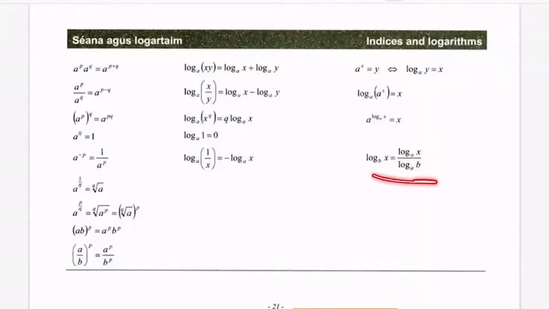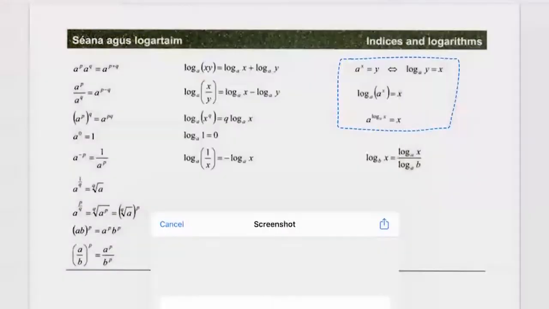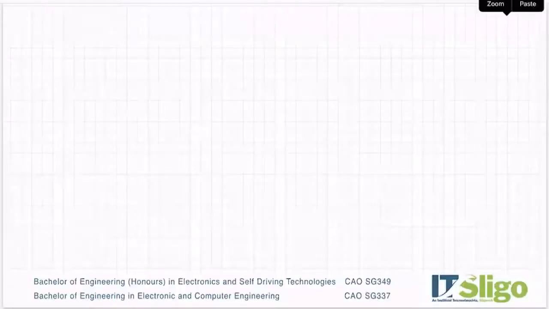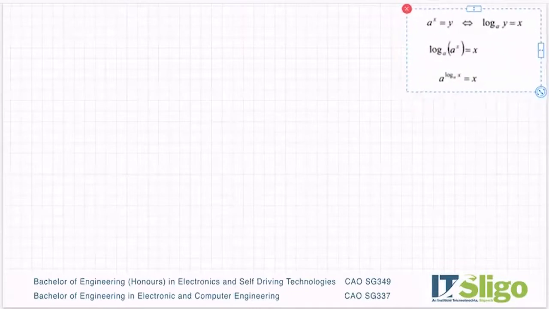But thankfully, we have a rule here that will allow us to change the base. But initially, I'm going to copy these three up here, and we're going to work a little bit with these ones. Like I said, we're going to end up using them all.